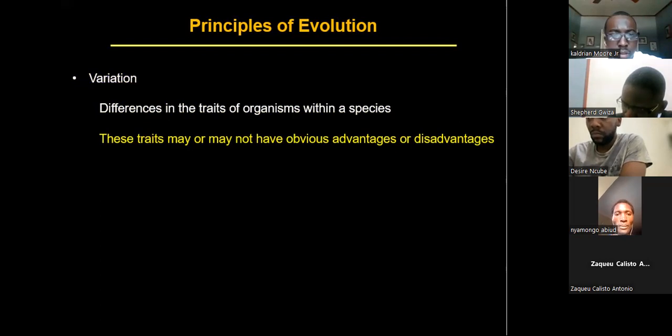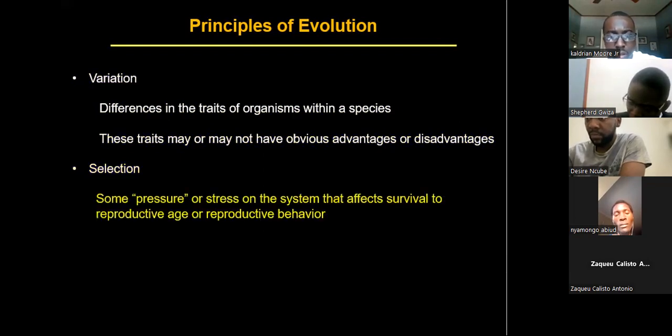Okay. The next step, and this is when those differences start to matter, is when you have a selection, or what we call a selective pressure. And so a selective pressure is a stress on the system that affects one of two things: either survival to the reproductive age or reproductive behavior.